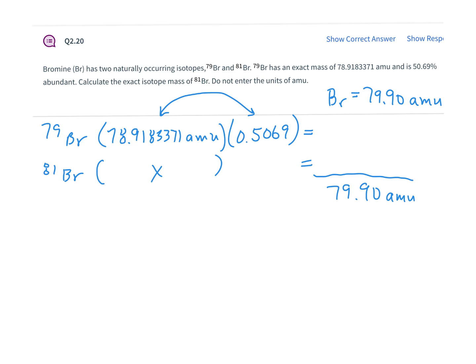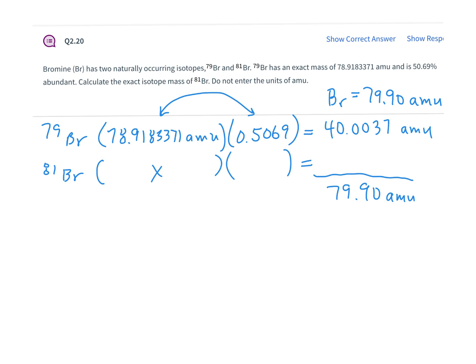So we can find the contribution of bromine 79. We multiply those two together and we get approximately 40.0037 AMU.